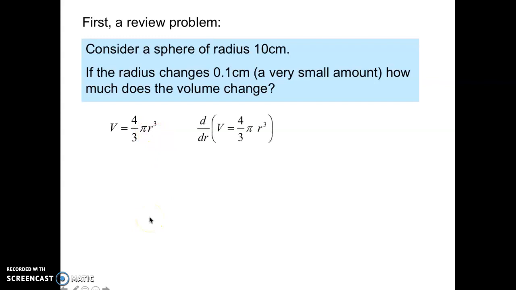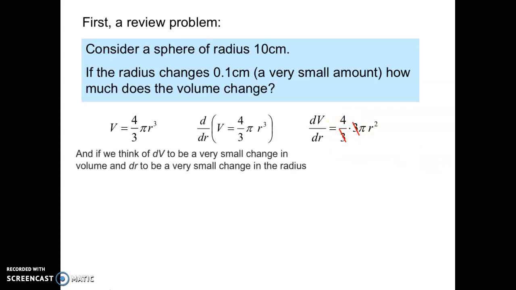If I take the derivative with respect to r of this expression, implicit differentiation gives me that dv dr is equal to 4/3 pi multiplied by the derivative of r cubed with respect to r. Those variables match, so we just take the derivative, which is 3r squared. Notice the 3 in the numerator and the 3 in the denominator cancel each other.